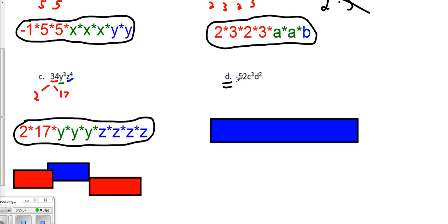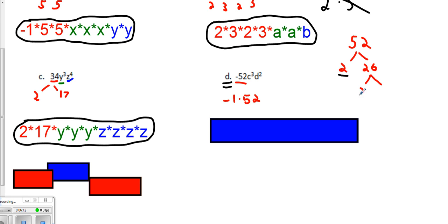We always start with this coefficient, this negative 52, so we have to pull out negative 1 first off. That's negative 1 times 52. Now 52 we can break up into 2 times 26, and 2 is already prime, so I'll put a little underline there. 26 is not, though.